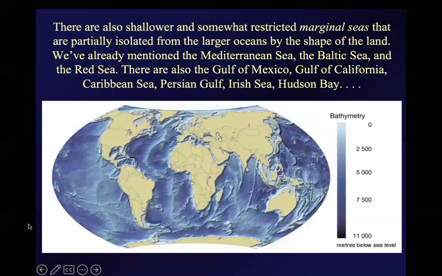Right. Sorry about that. The most common name is marginal seas, but you'll sometimes see these called gulfs, bays, bights, various other terms. But we've already mentioned the Mediterranean Sea, which is right here, and the Baltic up here, and the Red Sea right there.